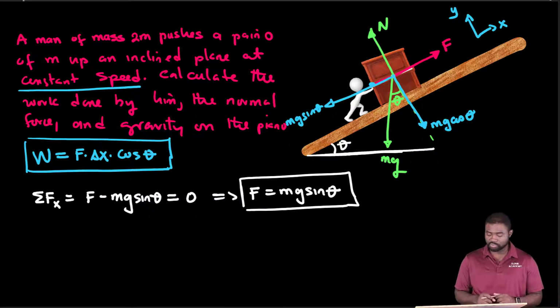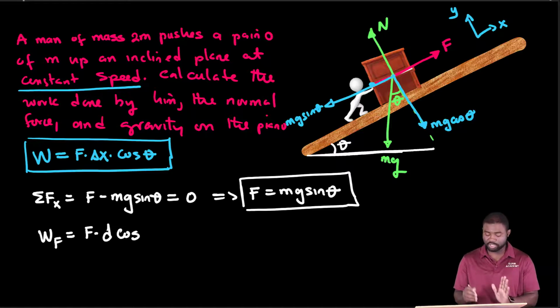The next question is for us to calculate the work done by F. The work done by the man is the work done by the force F, because the person exerts the force F on the piano. So the work done by F will be equal to F multiplied by the distance d up the inclined plane, multiplied by the cosine of the angle between F and the displacement of the piano, which is just 0.